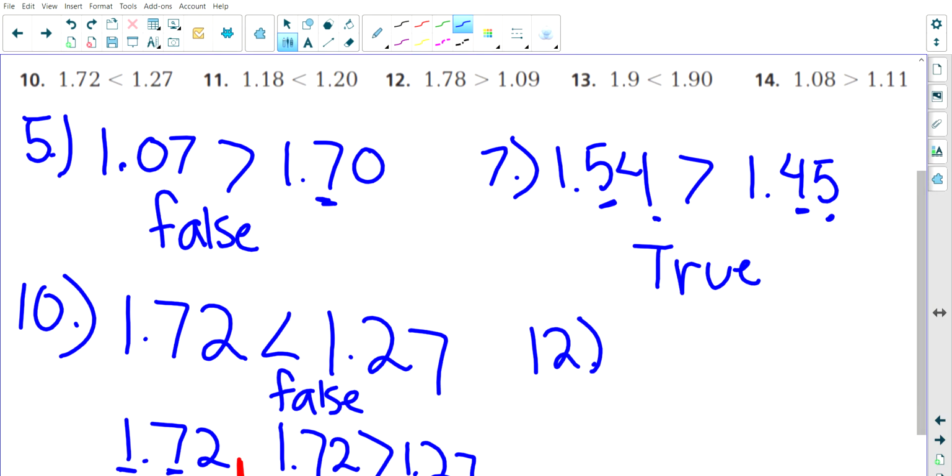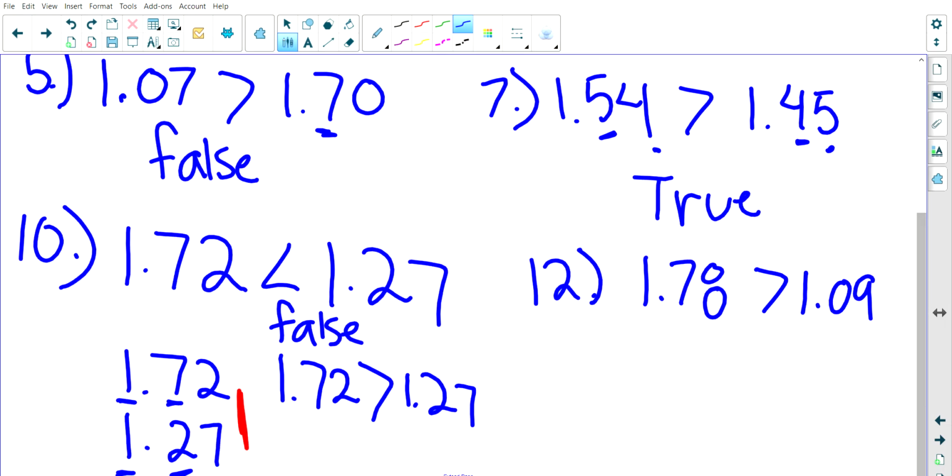So I have 1 and 78 hundredths compared to 1 and 9 hundredths. We're going to see if that is true by comparing using place value. So go ahead and rewrite those, lining them up by their place value. So we start with the greatest place value, which is the ones place. 1 and 1 is the same, so we need to go to the next greatest place value, which is the tenth place.